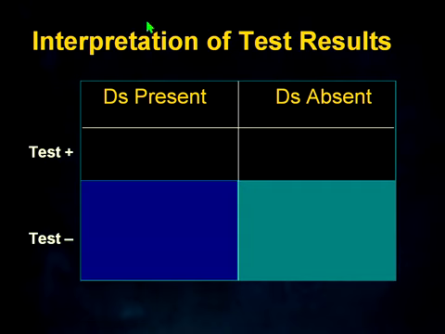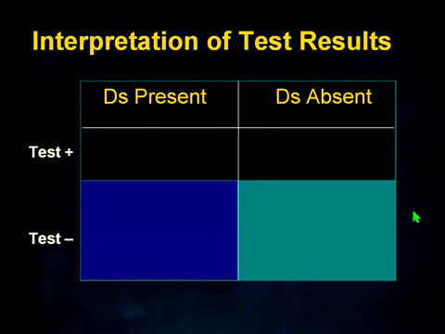The second column is specificity. The first row we use for positive predictive value. The bottom row is for negative predictive value. We'll go through this again in a second.